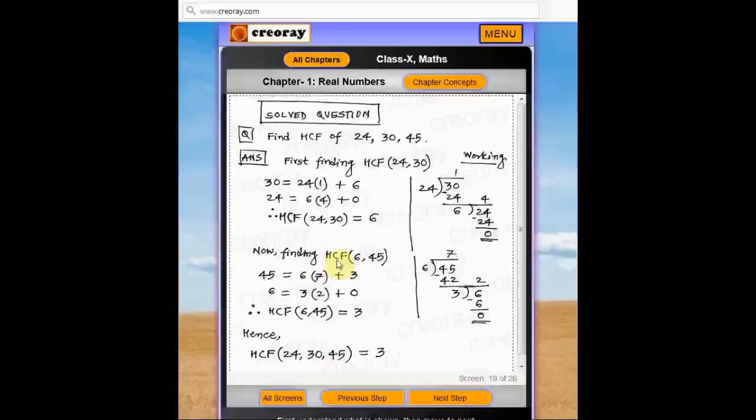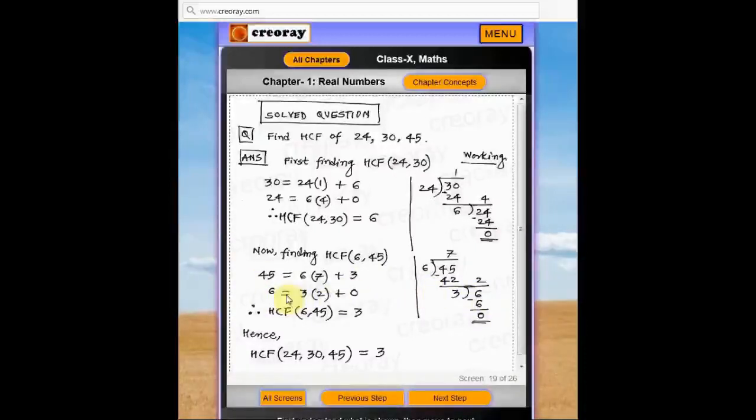Let's move to the next part. Now find HCF of this 6 and the third number. What's the third which we had left? 45. Now do the working. 6 sevens are 42. Remainder is 3. Write it down again in that division lemma form. 45 equals 6 times 7 plus remainder is 3. So we have to continue the division.